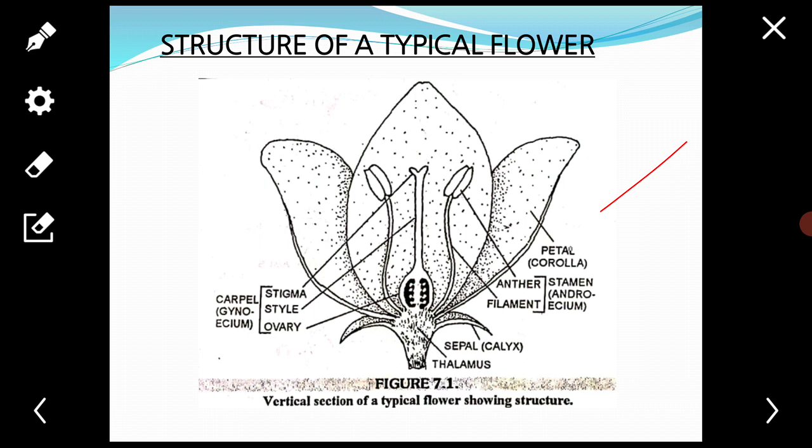The terminal part of the axis of a flower, which supports all the floral appendages, means sepals, petals, stamens, and carpels, is called receptacle or thalamus or torus.